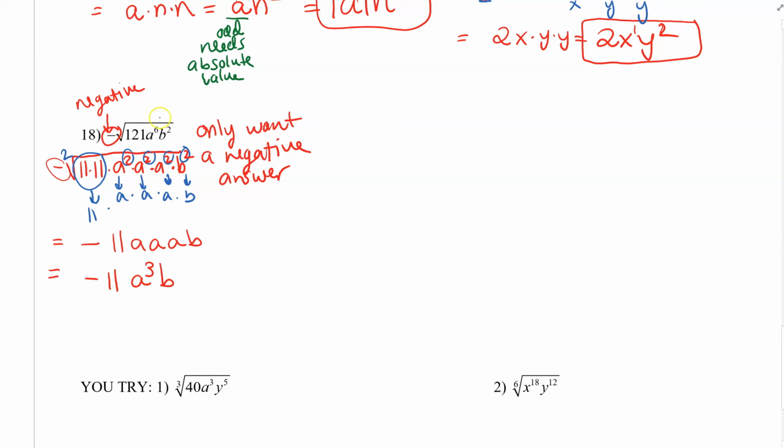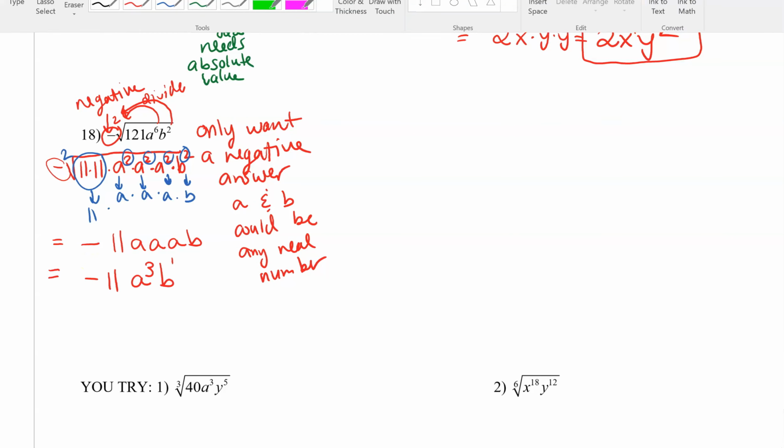And again, you can divide, right? 6 divided by 2 would give us the 3, and then 2 divided by 2 would give us the 1. So remember, A and B could technically be negative, could be any real number. So once you square root A to the 6th and B squared and just get A cubed and B, they could technically be negative, and if they were negative and they multiplied to negative 11, that would turn this whole value into a positive.